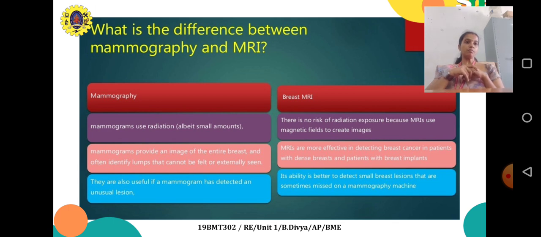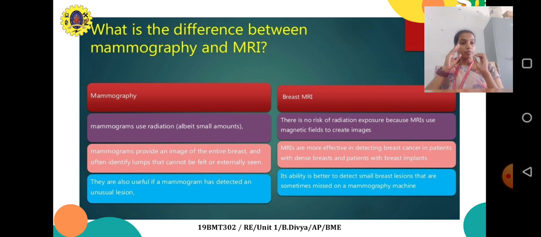From this we can see how accurate the MRI is. Since the mammogram is mainly designed and used for breast cancer alone, the MRI has the ability to detect very small breast lesions that are sometimes missed on the mammographic machine.